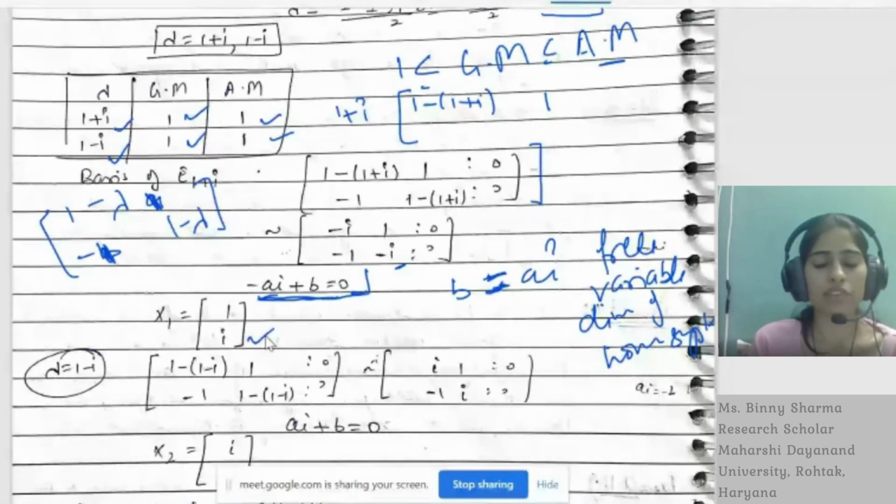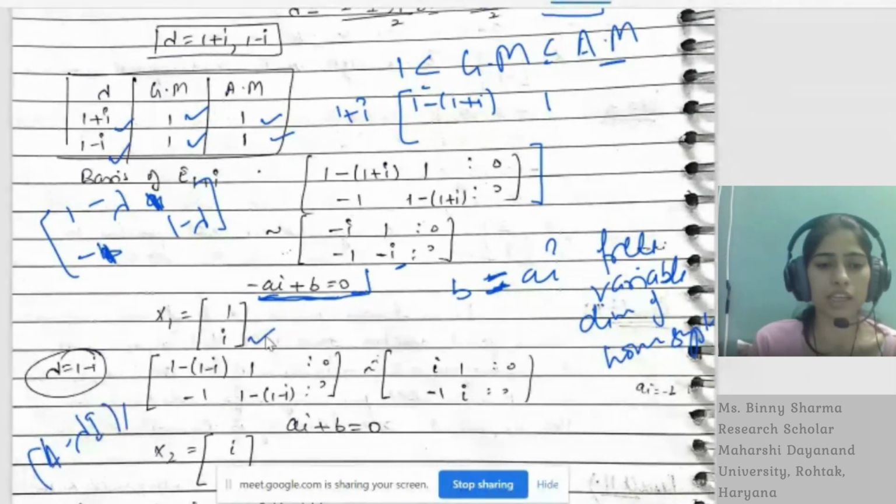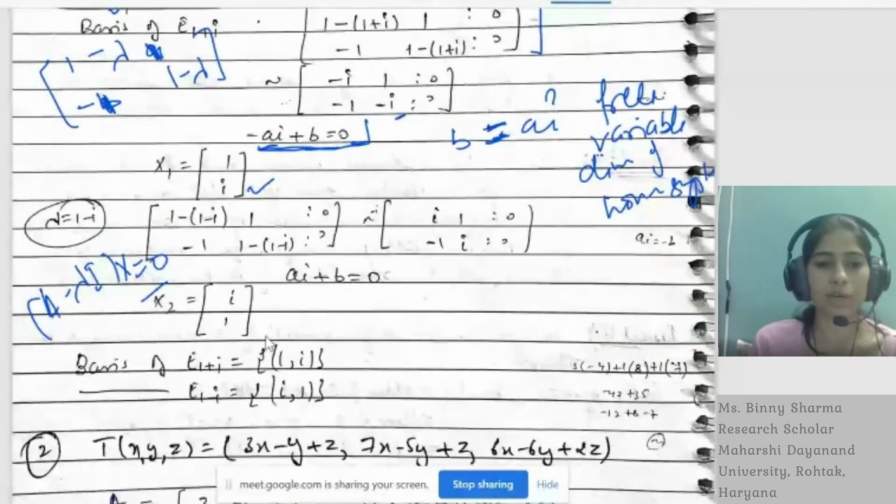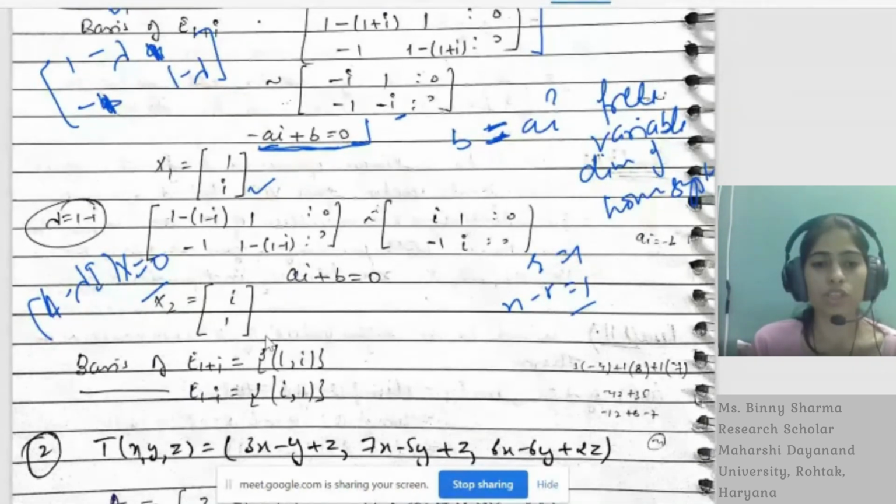Similarly, when we have lambda 1 minus iota, we solve the homogeneous system (A minus lambda I) x equals 0. Here lambda is 1 minus iota, and here also the rank is 1. So x2 is (iota, 1).